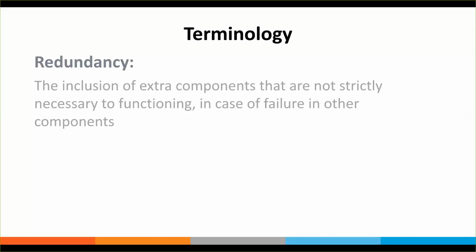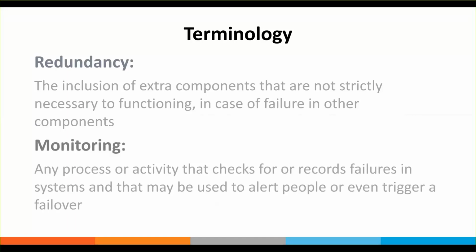Redundancy is when you include extra components. You don't really need them in your day-to-day operation, but you have them in case your day-to-day operation fails. So if your SQL Server box goes down, you have another redundant server you can go back to. That's an example of redundancy. Monitoring is just keeping track of what's going on in your system.